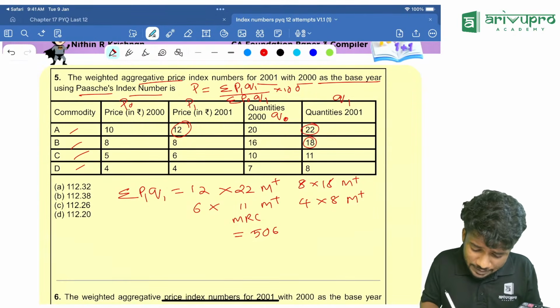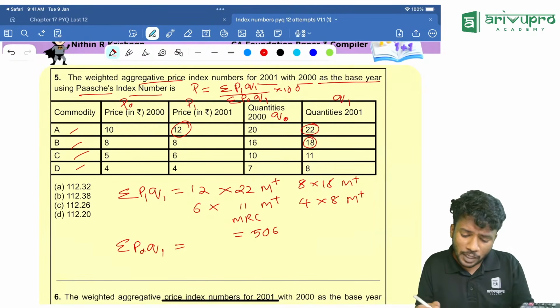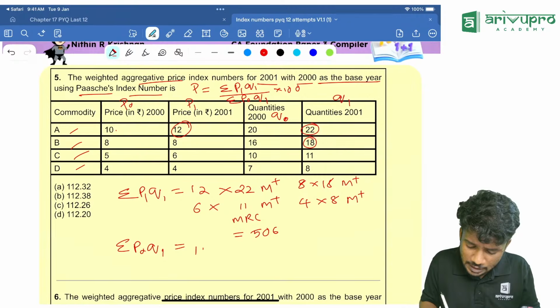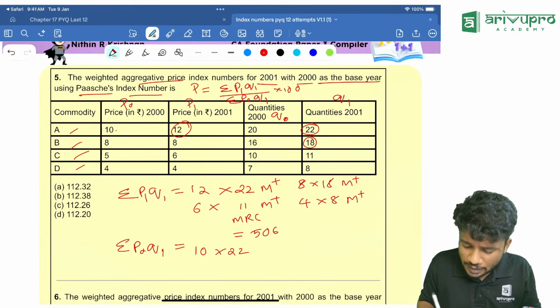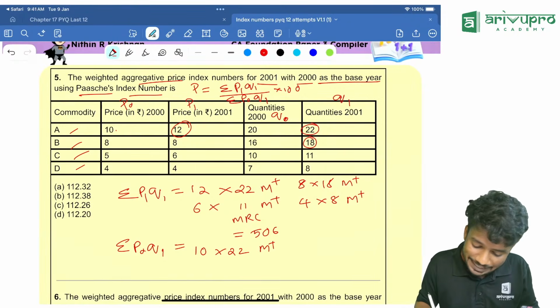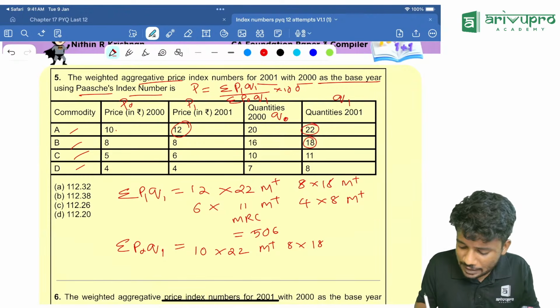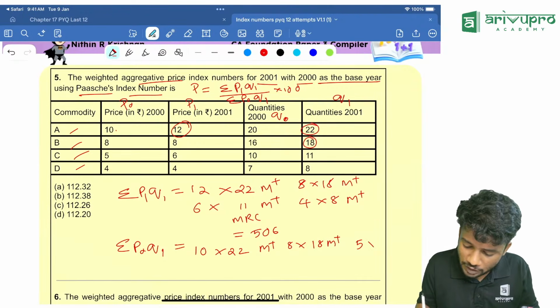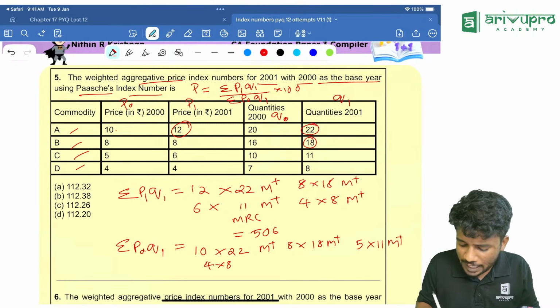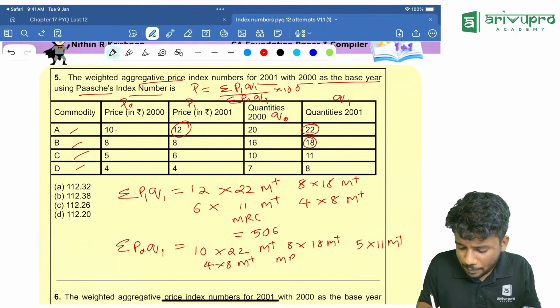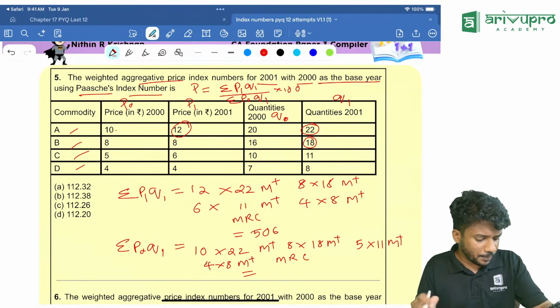Then, coming to the next one, we require sigma P0 Q1. Sigma P0 Q1, how will you find it? P0 is 10 into Q1 is how much? 22. M plus. Then 8 into 18. M plus. Then 5 into 11. M plus. Then finally 4 into 8. M plus. And click MRC. How much are you getting for P0 Q1?